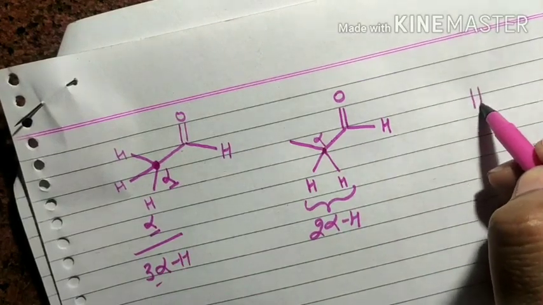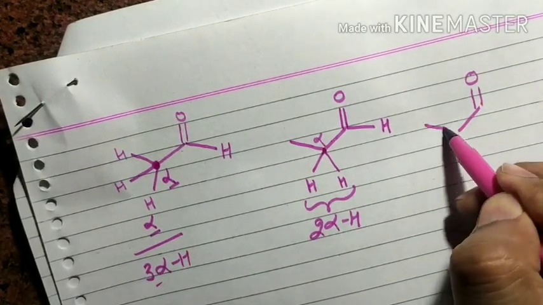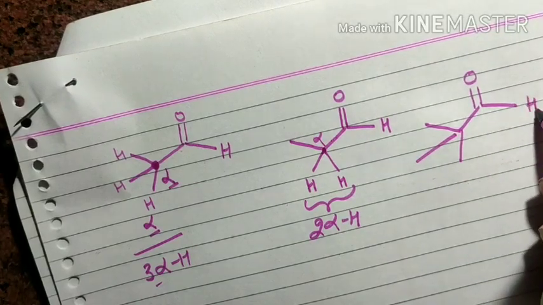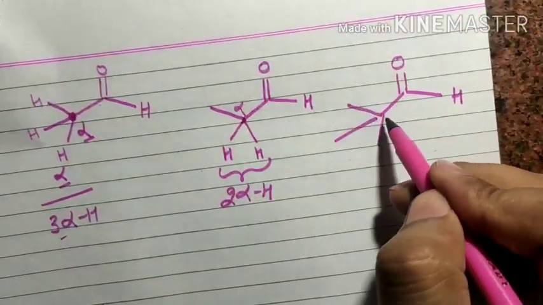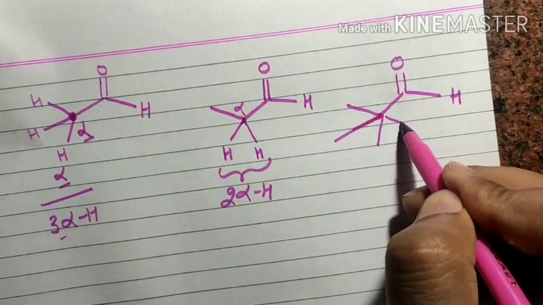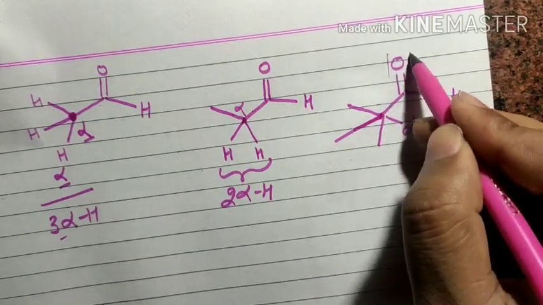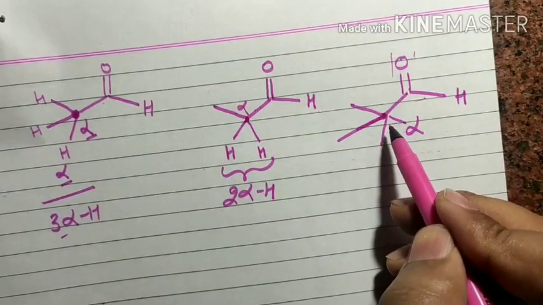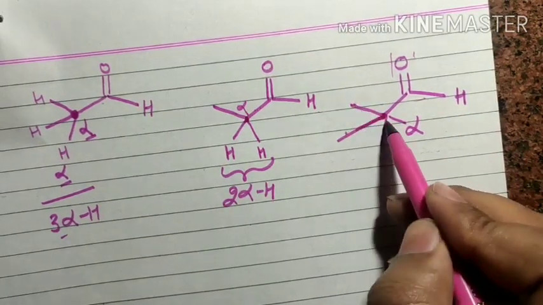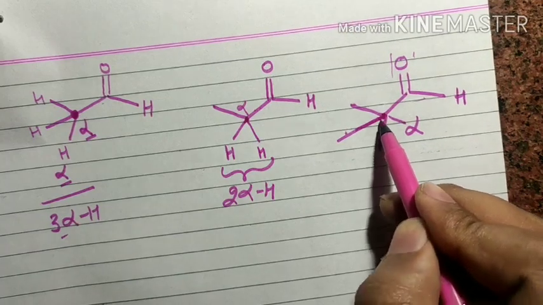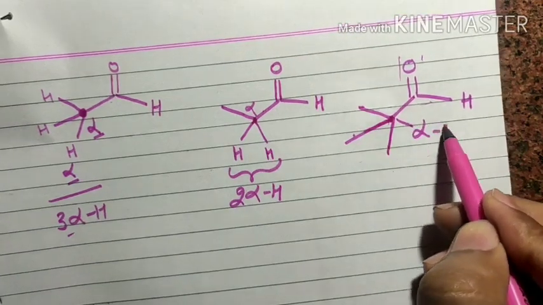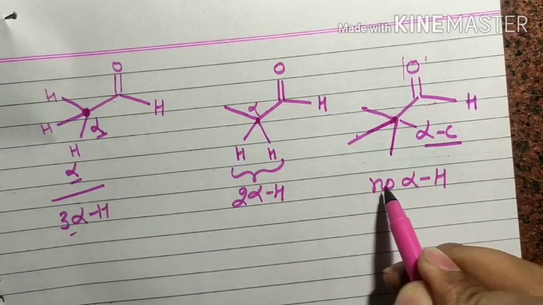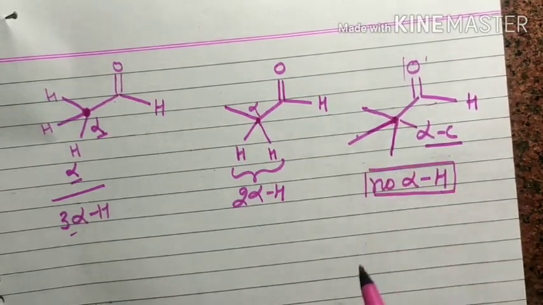If we write another aldehyde, the alpha carbon is the carbon after the carbonyl center, and here it is attached with 3 carbon chains. So here the alpha carbon is present but there is no alpha hydrogen.